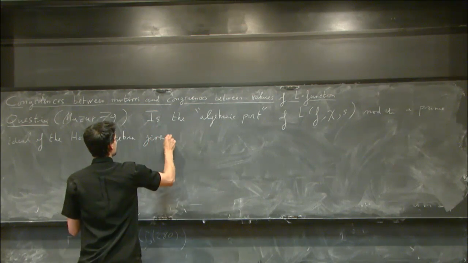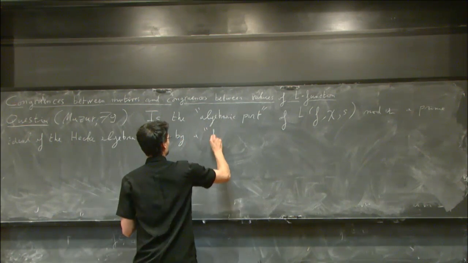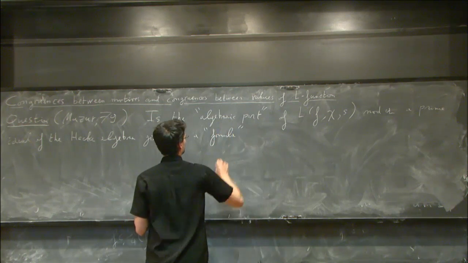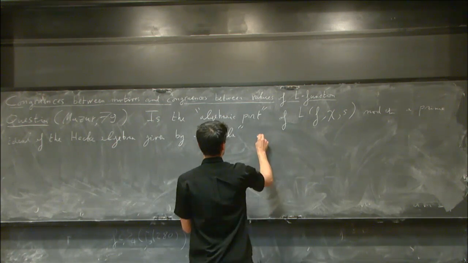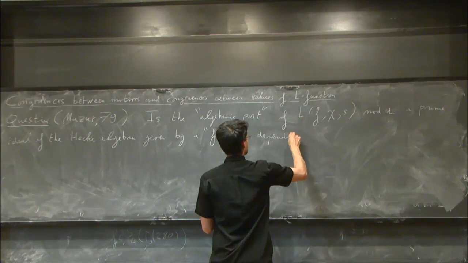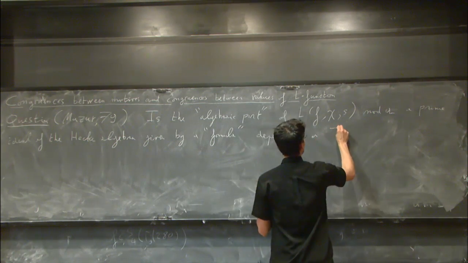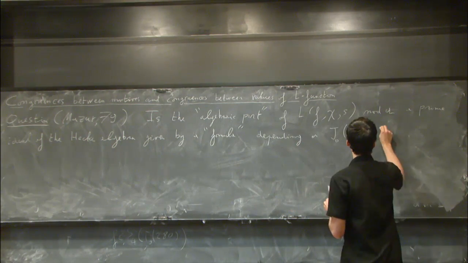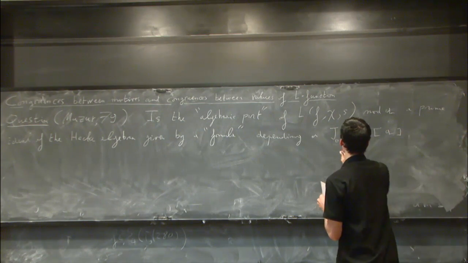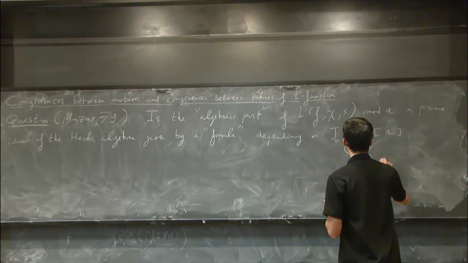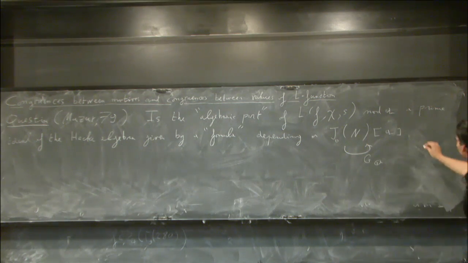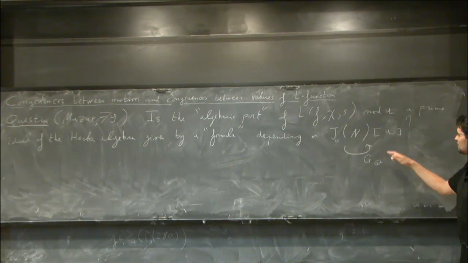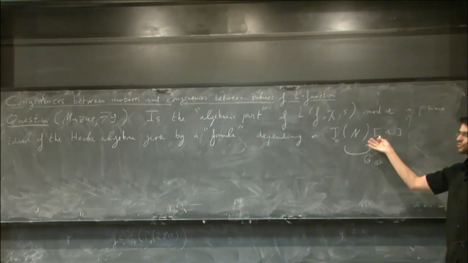So is this value given by a formula, and that's also in scare quotes, depending on the Jacobian of the modular curve of level n, and you take the A part, and of course, you look at this object with its Galois action. So is this value modulo A able to be described solely in terms of that object?